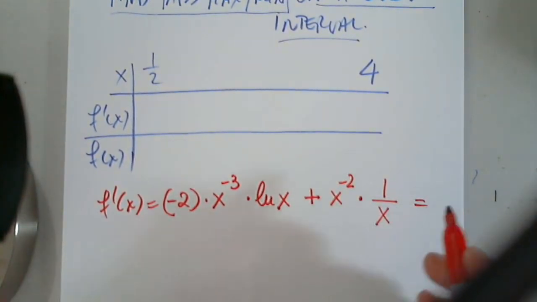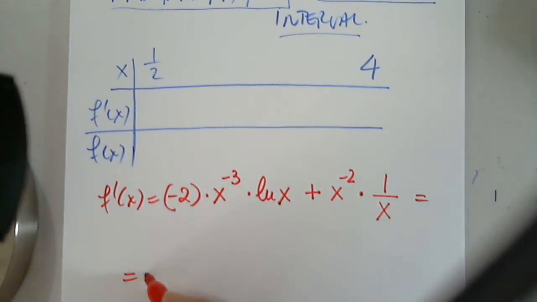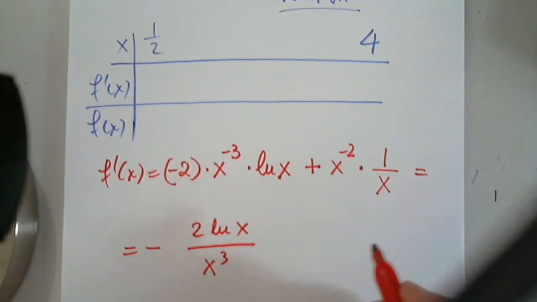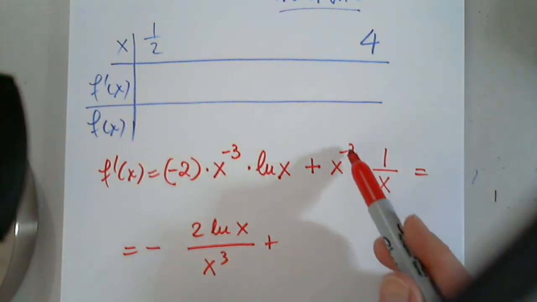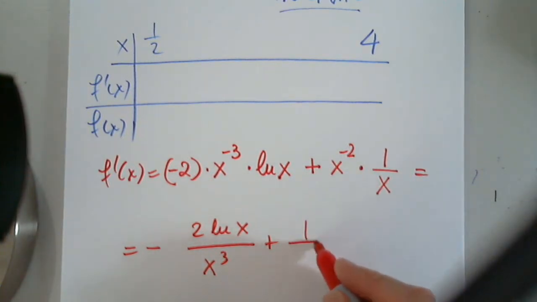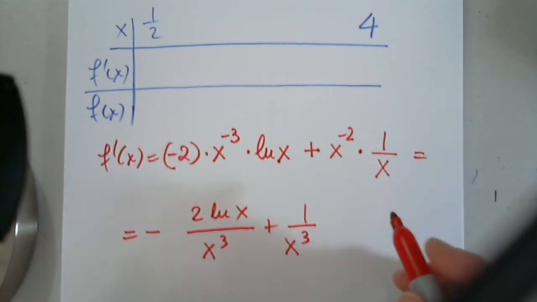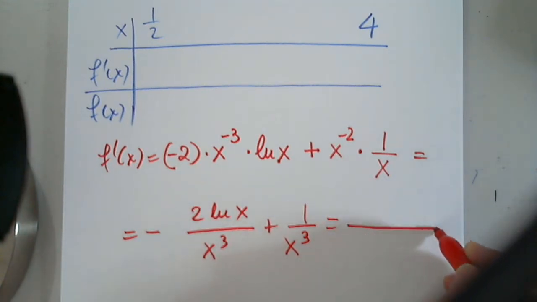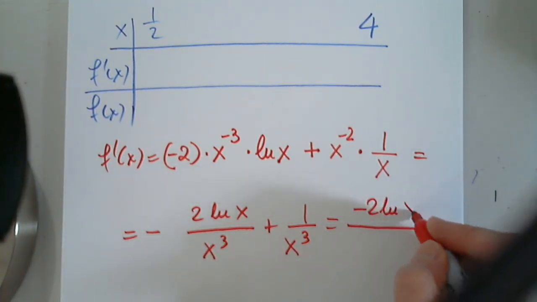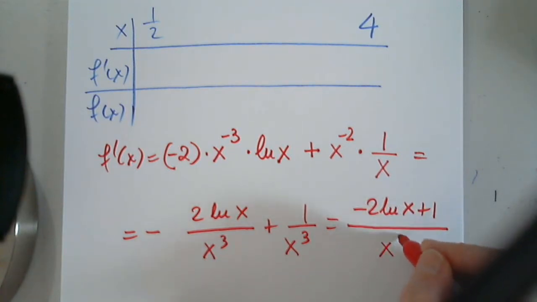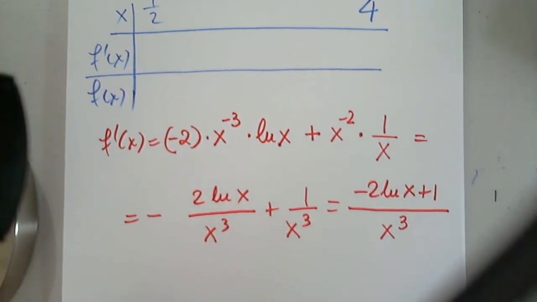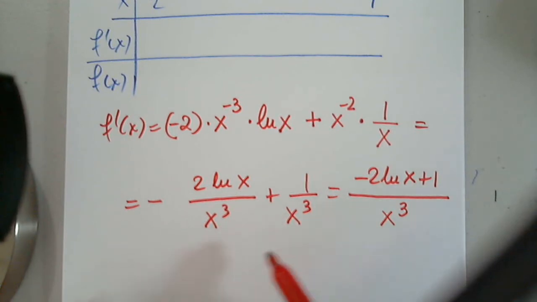Okay. Negative 2 natural log x over x to the third plus 1 over x squared times 1 over x, which is 1 over x to the third. So this is negative 2 natural log x plus 1 over x to the third. I like it because I don't have to find the least common denominator. It's already done. It's the same denominator.